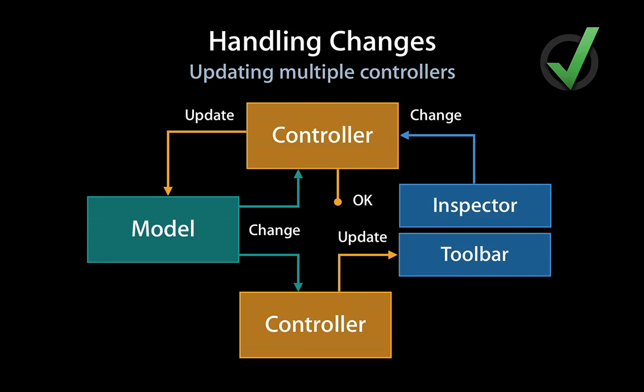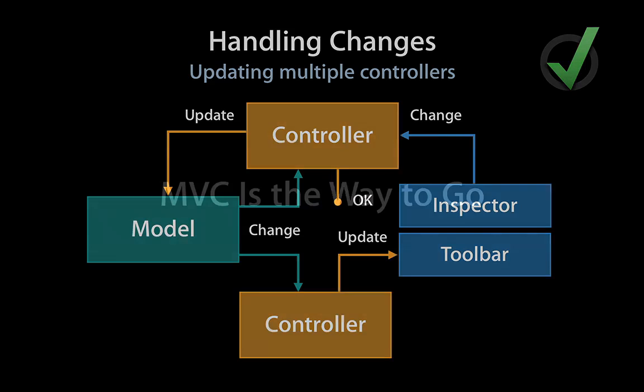And that controller at the top is actually going to know, once the model told it that it's going to change, no, I'm the one who originated the change, so I'm not going to start this infinite loop of changes going all around, which can be a problem. I mean, look, I've had bugs like that in my programs too. So this is a way to master that and prevent unintended consequences from happening. So MVC is the way to go to manage that.